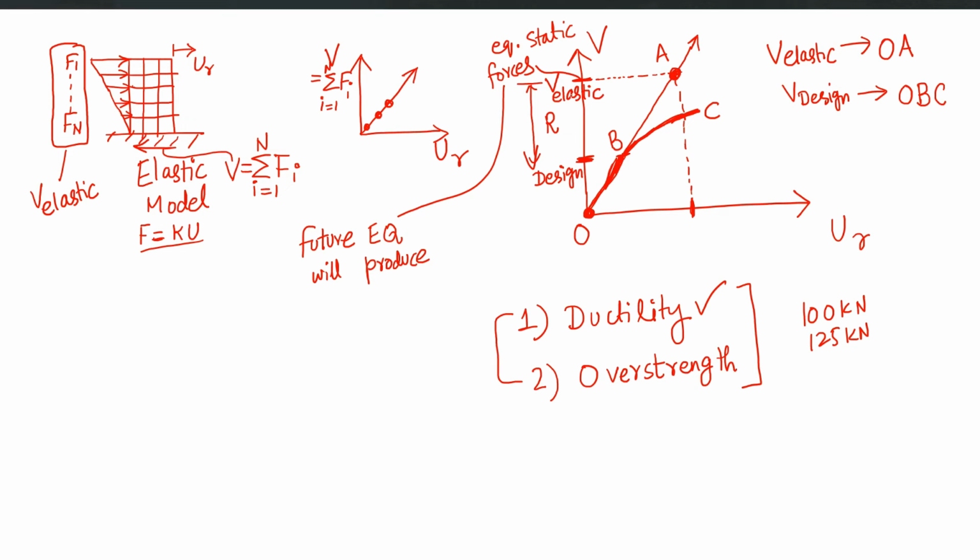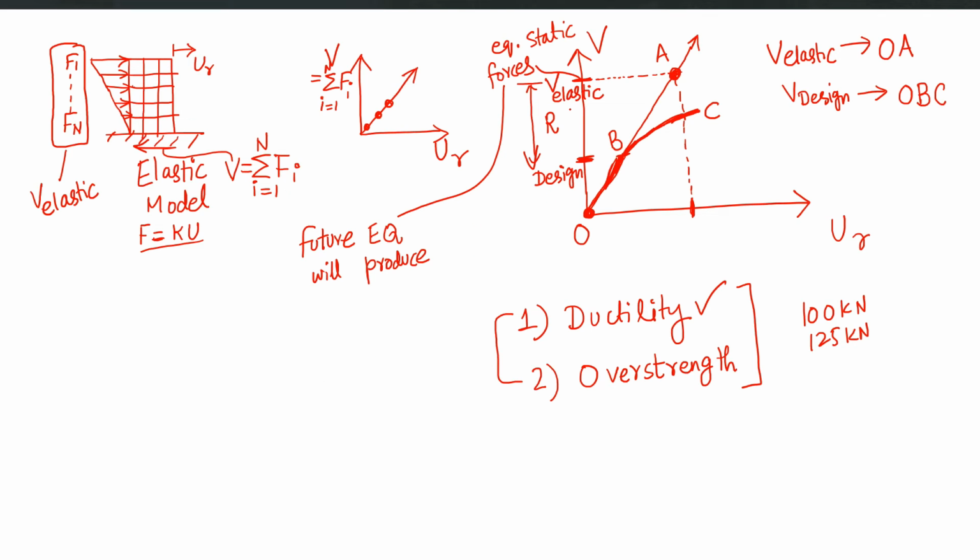If we make our structure more ductile, which means we can more rely on its ductility, we can reduce the design force. Actually, we can reduce it more. So we bring the design forces down and bring economy in our structure. So this is the concept of R factor.